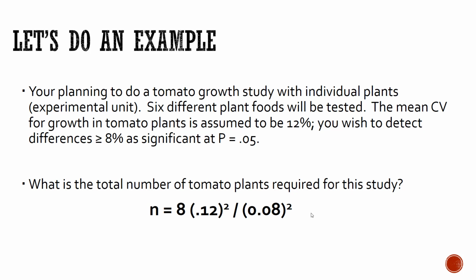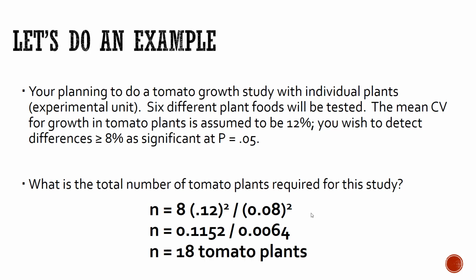All right, and so to solve this, we just plug in the CV as 0.12, right? So 12%. And we plug in D as the 8%. And so we then can start to just solve for n, and we end up with a total of 18 tomato plants that are going to be needed per treatment in this study.